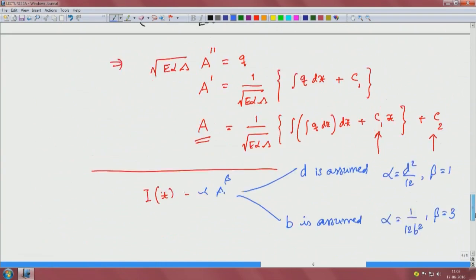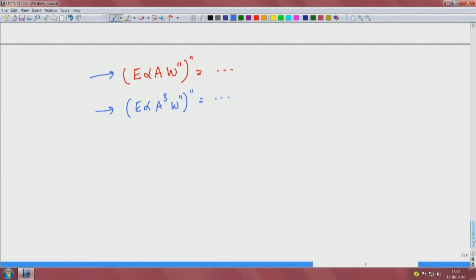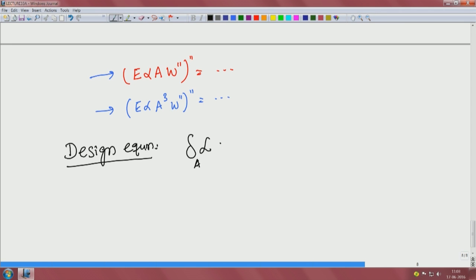Finally, what you would get when you do all this is something that we should remember. We will be getting the design equation, because of taking Lagrangian variance with respect to design variable equal to 0. And this design equation will have a particular form.